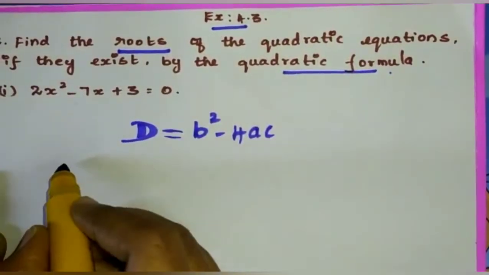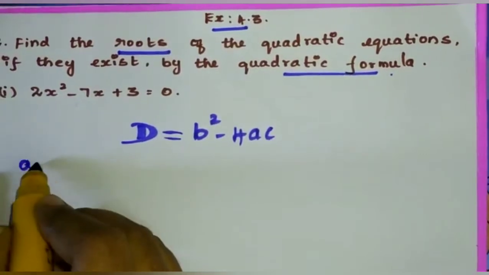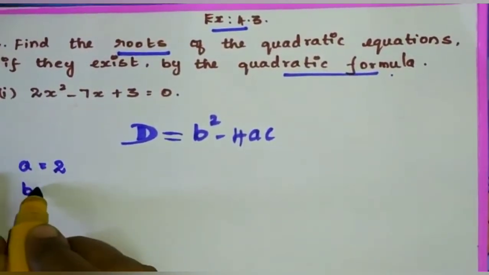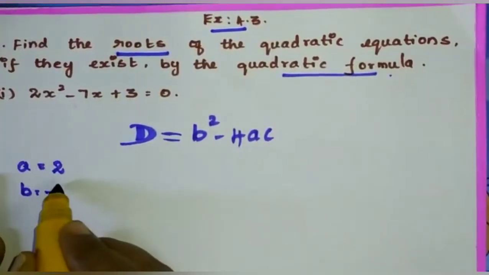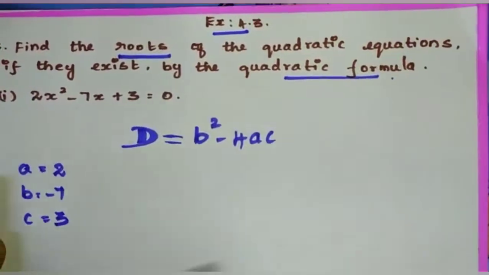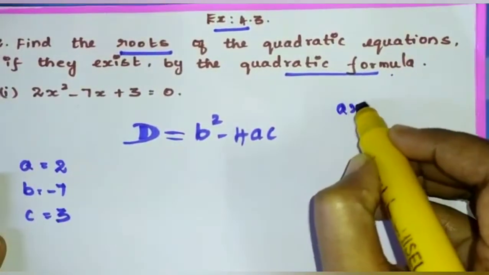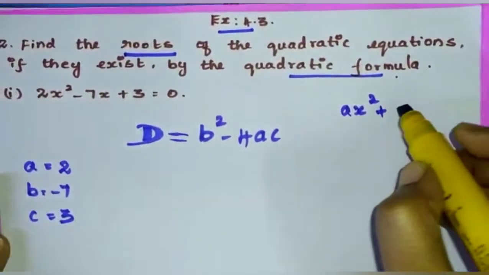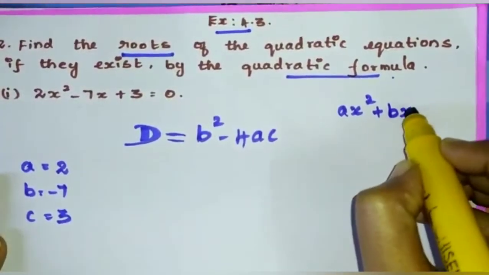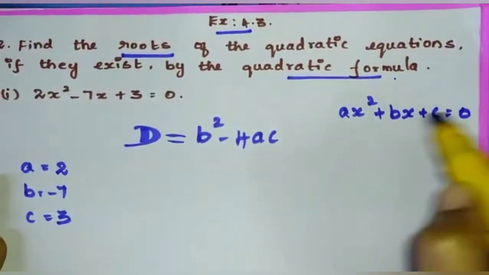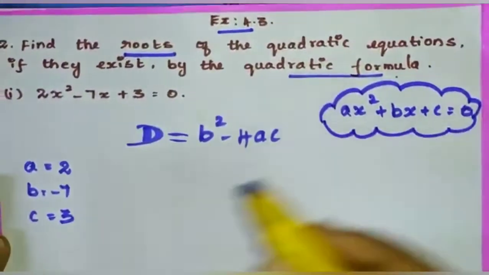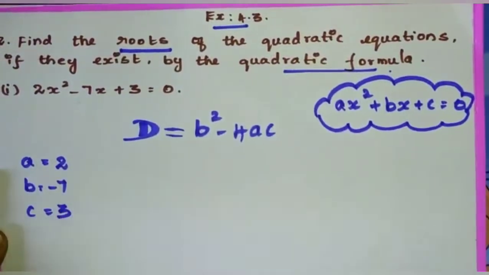So for that we have to find what a is. a is 2 and b is minus 7 and c is 3, in which we have to compare with the quadratic equation general form ax square plus bx plus c is equal to 0. In this we compare and find the values of a, b and c.